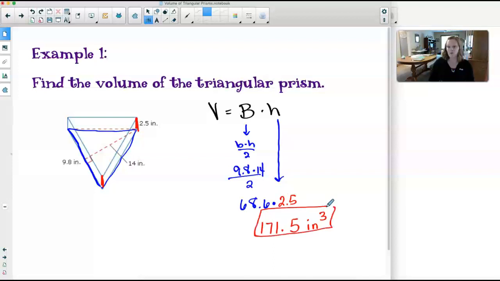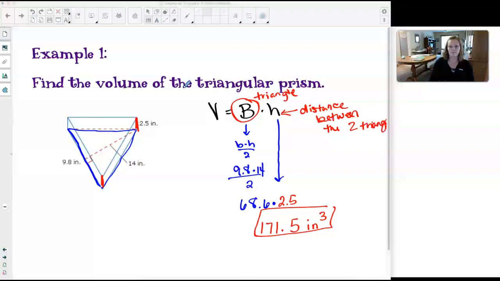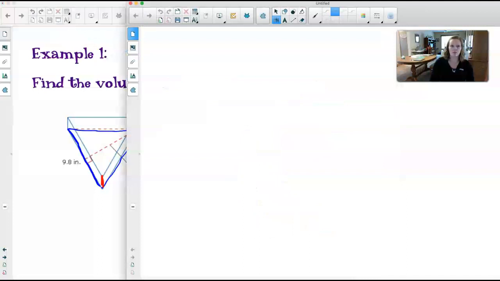The most important things to remember is that the base is the triangle, and the height is the distance between the two triangles. Okay, so let's try one more.